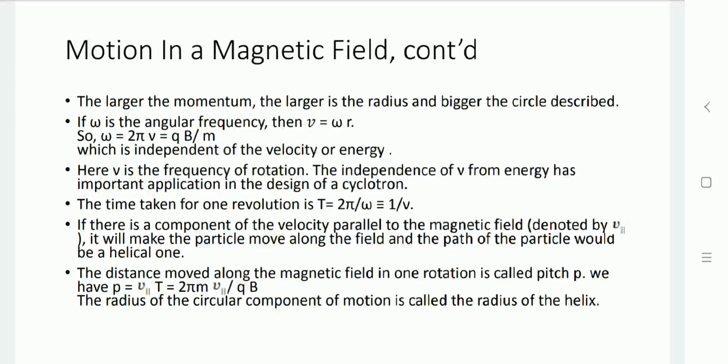Likewise the helical structure is produced. The distance moved along the magnetic field in one rotation is known as the pitch. So the distance between two circles is the pitch, and pitch p equals v parallel into T, which can be replaced with 2 pi m v parallel by qB. The radius of the circular component of motion is called the radius of the helix.